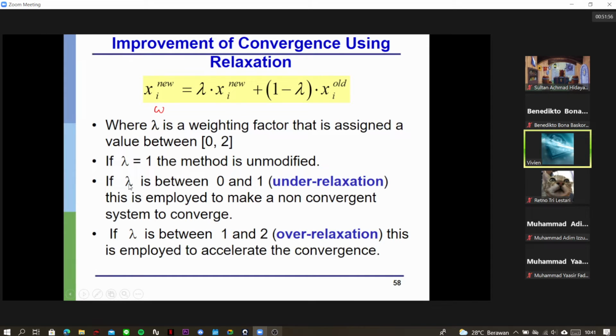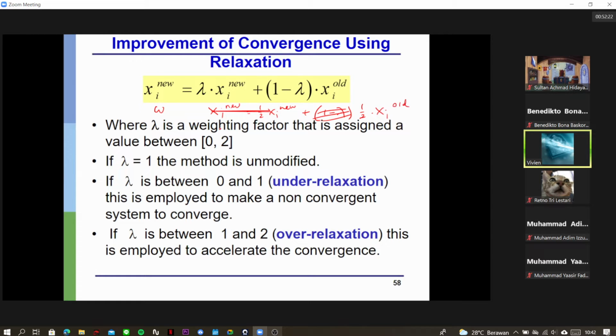If we apply lambda between 0 and 1, it means that we are applying under relaxation. For example, we take half. If we want to calculate xi new with half, it will be calculated by half of xi new, which is calculated, plus (1 minus lambda, or 1 minus half), so that will be half of the xi old.